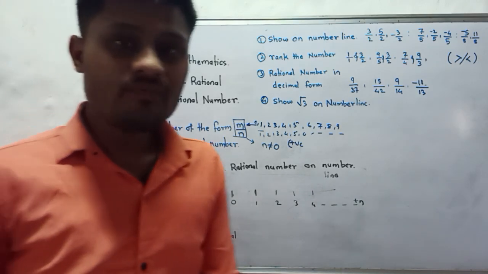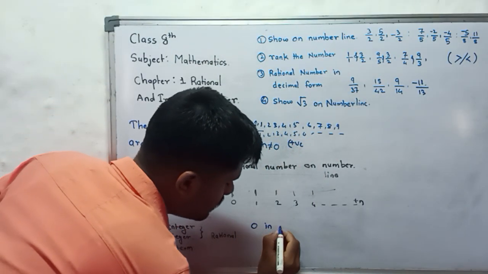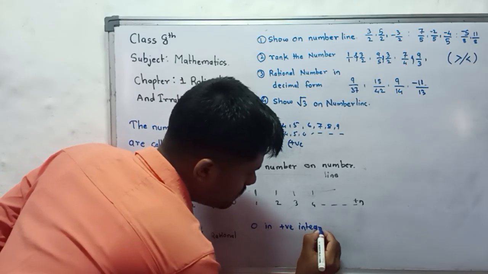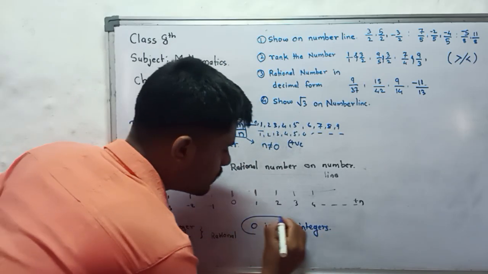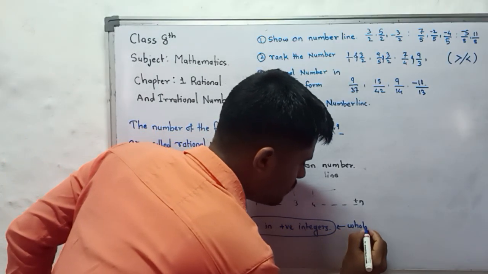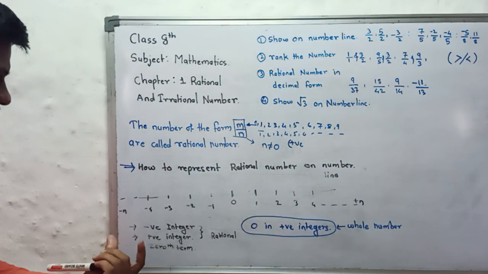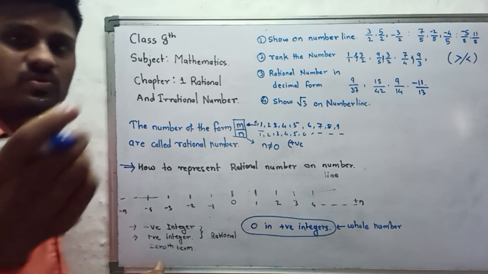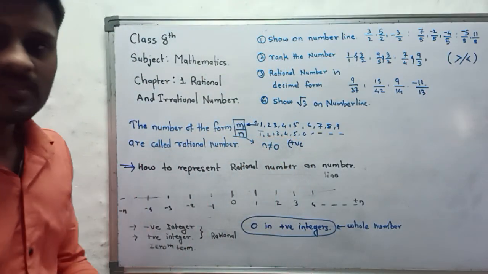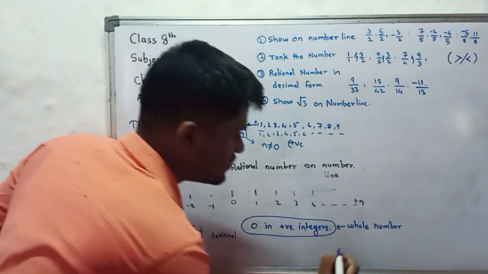Then what if we include zero in the positive integers group? Then we call this whole group the whole numbers. The positive integers contain only the numbers 1, 2, 3, 4, 5, 6, 7, 8, and the numbers created by those digits are the natural numbers.